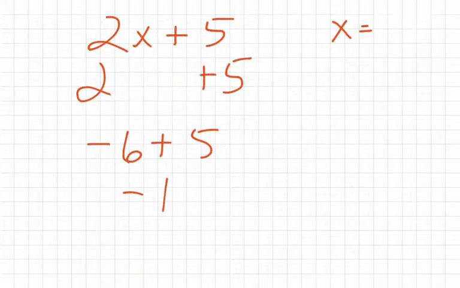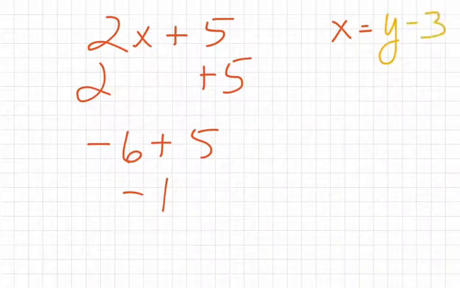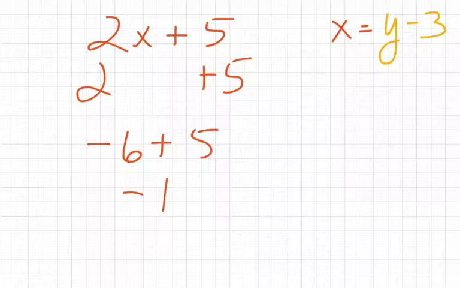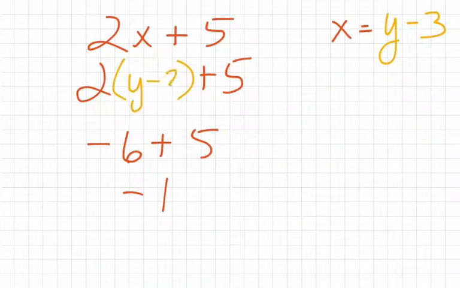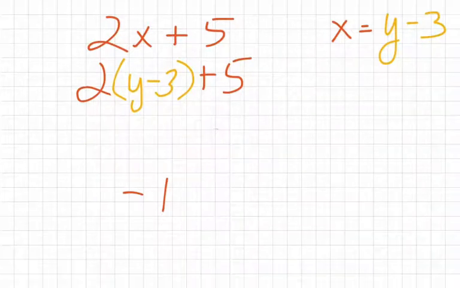Let's say x is equal to y minus 3. So over here, you would take out the x, and where we had the 3, now we'll do y minus 3, which of course is going to change the rest of it.